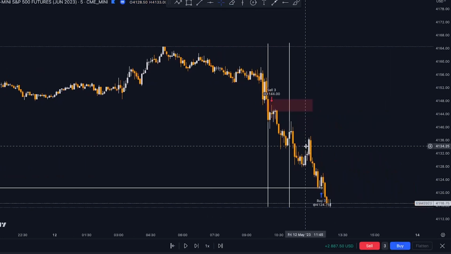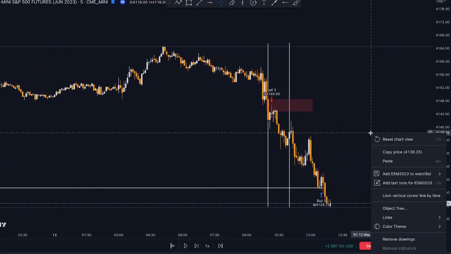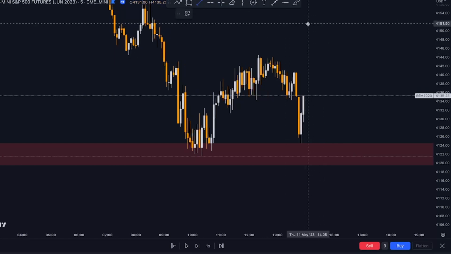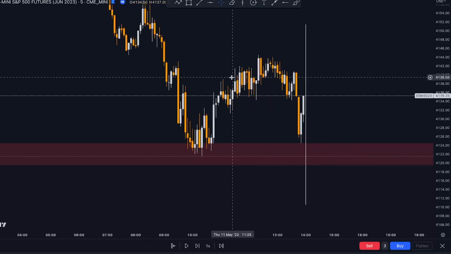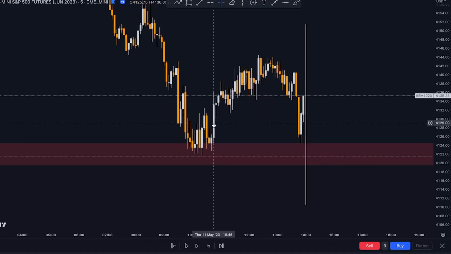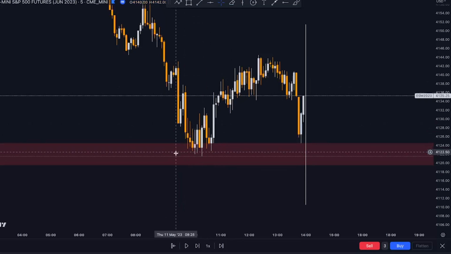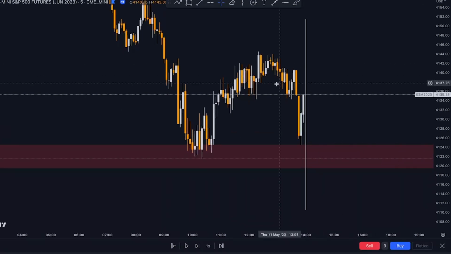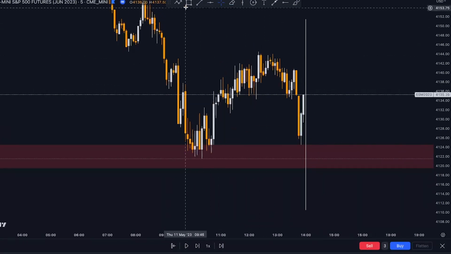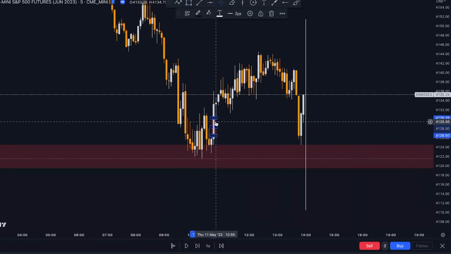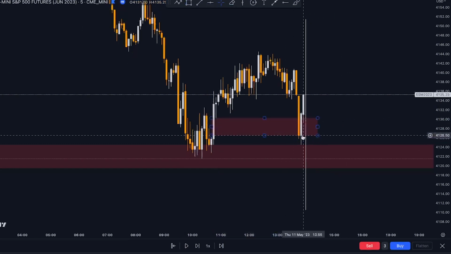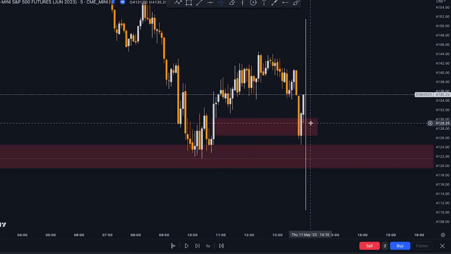Now let's look at the last example, the PM Silver Bullet. So right here, we are at the 2 p.m. to 3 p.m. Silver Bullet. Let's mark it out. Now we are bullish here because we can see that the price has been supported by a fair value gap, and we can see break of market structure, and also the price came back into this fair value gap, closed in the fair value gap, so it's holding the price.